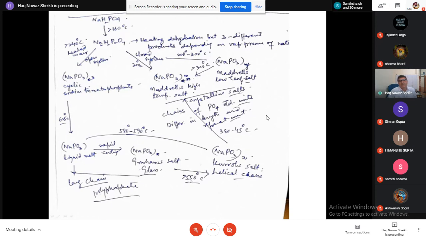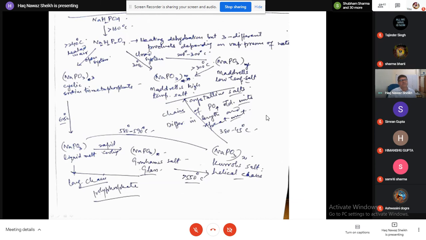And then when it is heated above 550, you get Kurrol's salt, which has helical chains, left helical and right helical chains. These are salts which have the same repeat units, but the lengths of the chains are different, and their orientation is different.